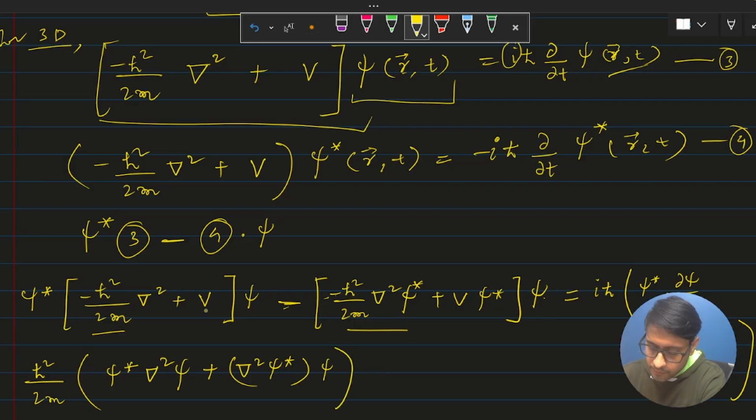For the V term, psi asterisk V psi minus V psi asterisk psi.